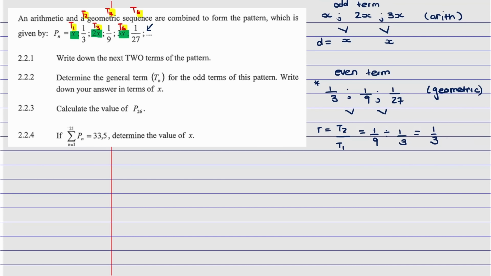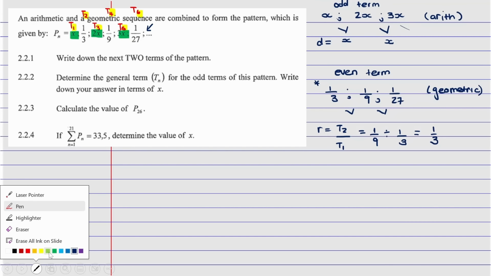So with that said, we can answer the first question. We need to write the next two terms of the pattern. We know that after 1 over 7 comes an arithmetic, which is an odd term. So the next term is basically taking the last term and adding the difference, which is x. Let's write it in green.